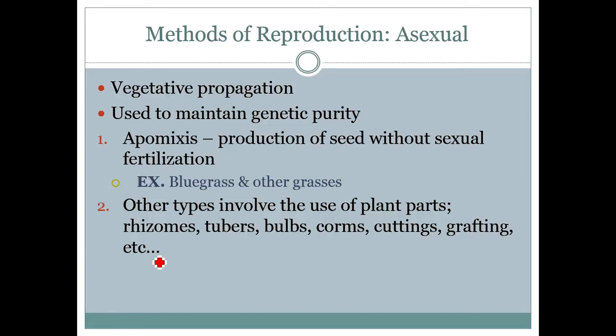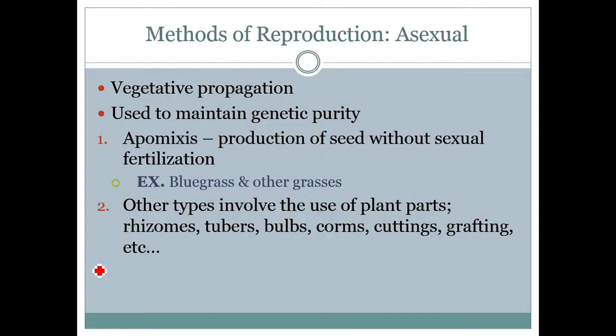No fertilization, no reduction in chromosome number followed by restoration of the chromosome number with fertilization. It's just an exact copy. So when we say used to maintain genetic purity, that's what we mean. The advantage of asexual propagation, of course, is that once you find a plant that you like, you can propagate it forever without any change taking place.